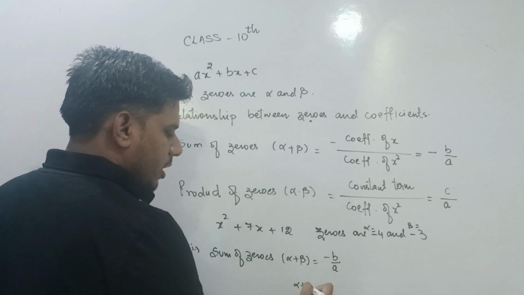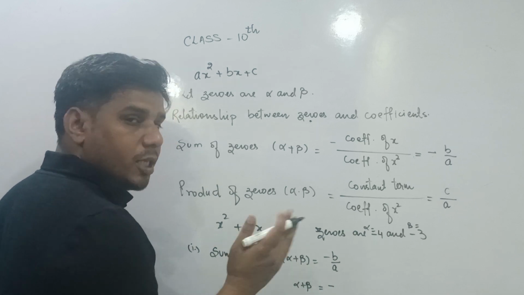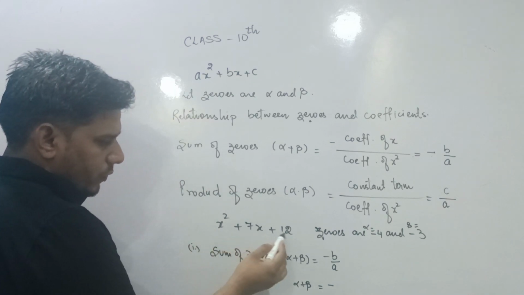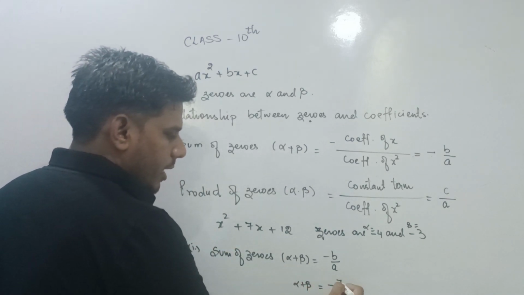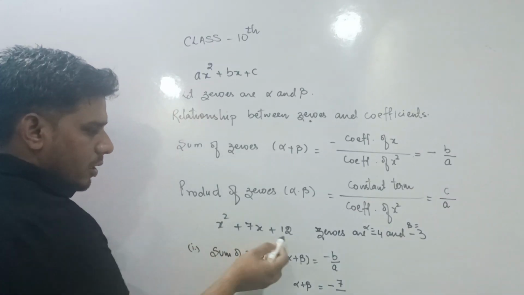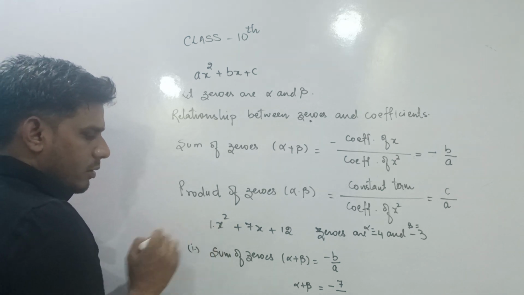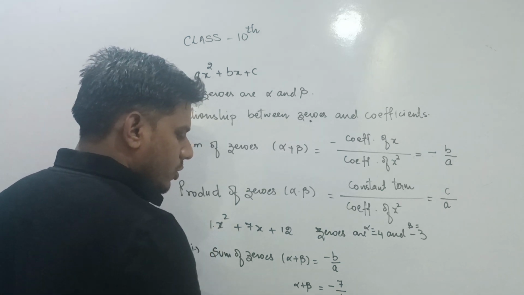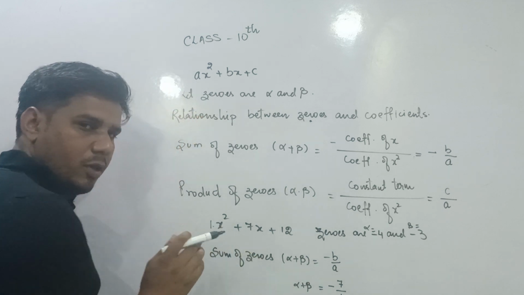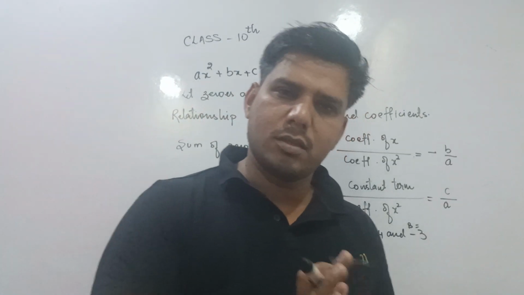So alpha plus beta we can find here. Minus is already in the formula, and now we will check the value of b. B means coefficient of x, and here coefficient of x is 7. So minus 7 divided by a, the coefficient of x square. Here in this question, coefficient of x square is 1. So we will write sum of zeros alpha plus beta is equal to minus 7 upon 1. You all know this concept. If any variable is simply written and nothing is written with the multiply, then we call it 1.